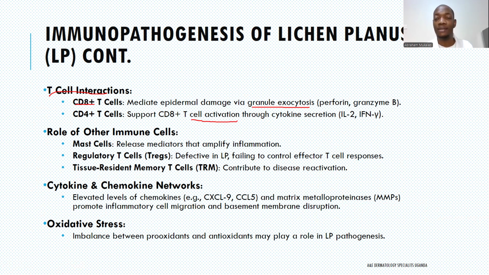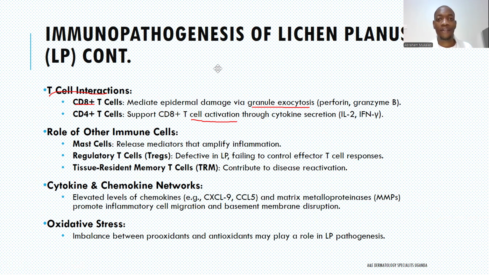These enzymes, once they're produced, will cause damage to the matrix, and this eventually results in easy penetration of cytotoxic cells that will come and damage the basal keratinocyte. So you have to take note of those differences.